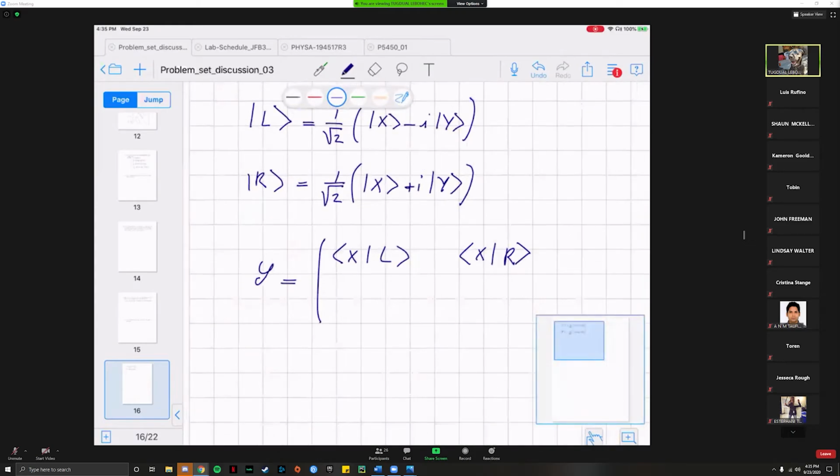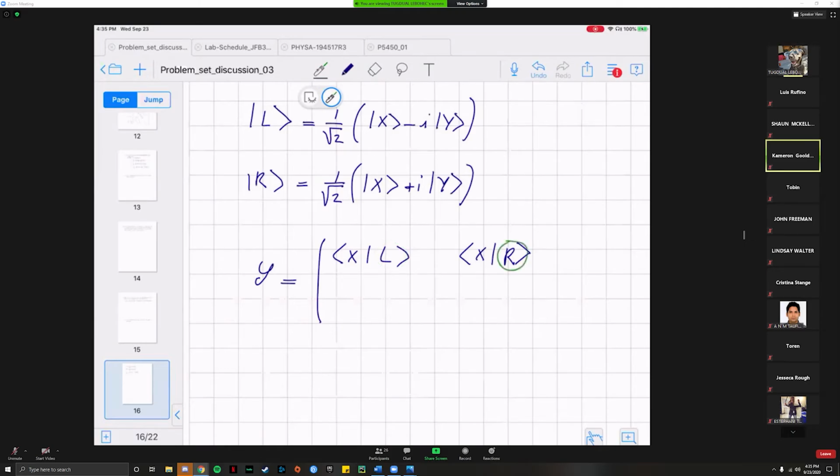I'm starting here with L because in the question, L is listed first in the basis and R is listed second, so that's why I'm using that order. In the same way, here I'm using X first because X is listed first, and I use Y next.